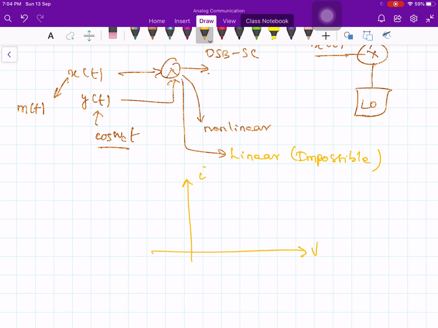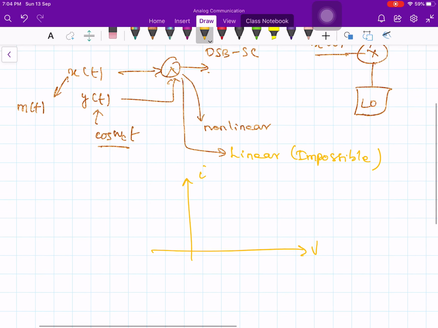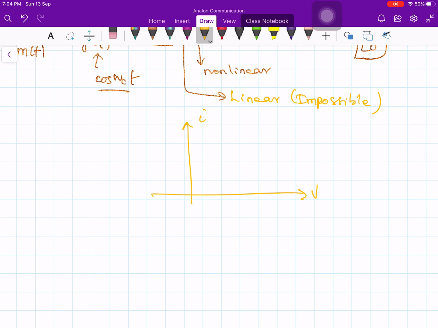For example, you can have a device whose current and voltage characteristics are related by I_0, the output current, equal to some constant a1 times the input voltage Vi, plus a2 times Vi squared, plus a3 times Vi cubed, like that, where Vi is the input voltage.